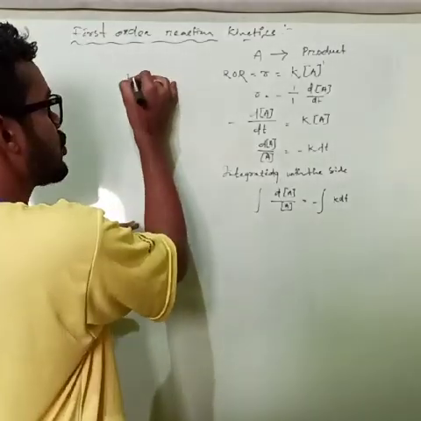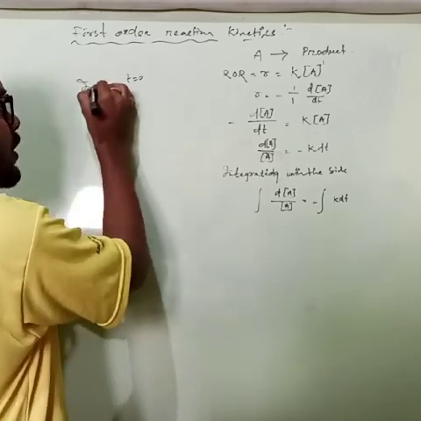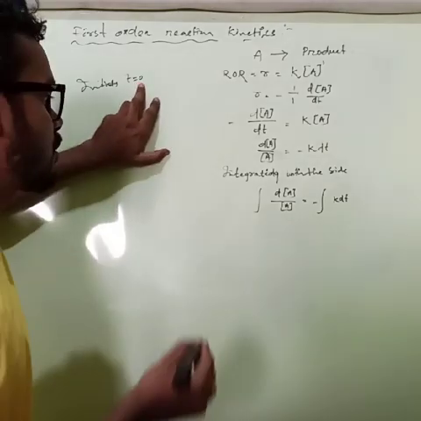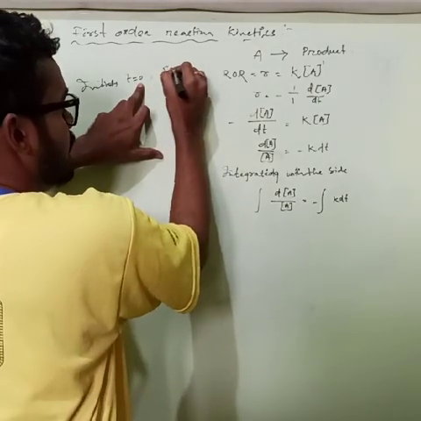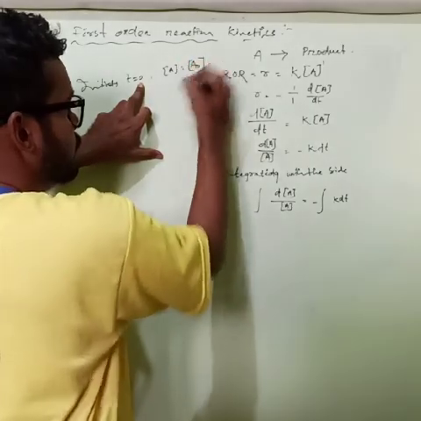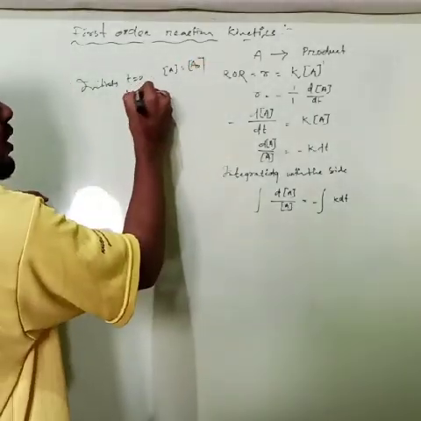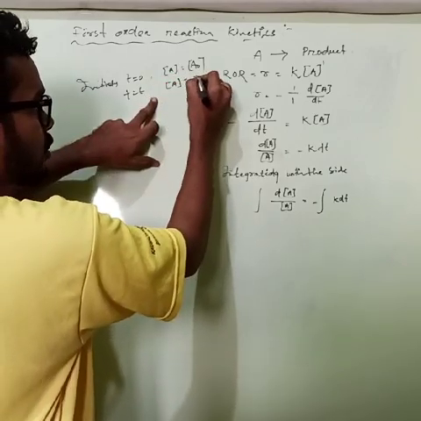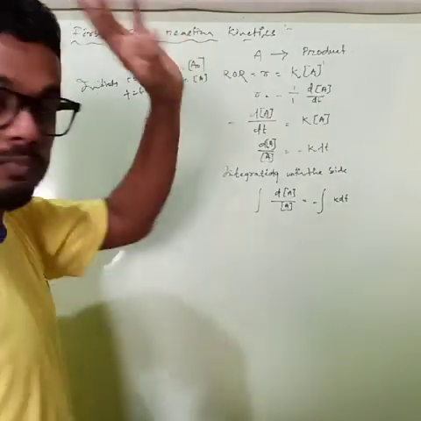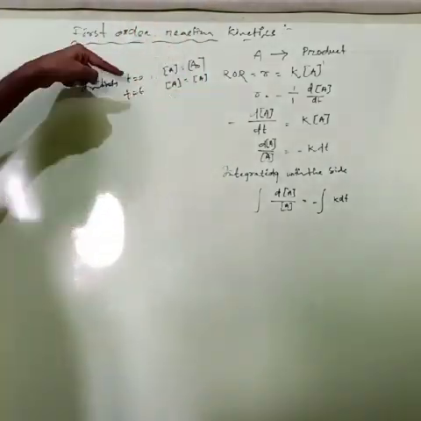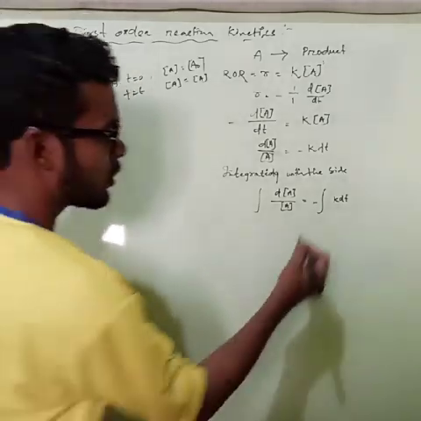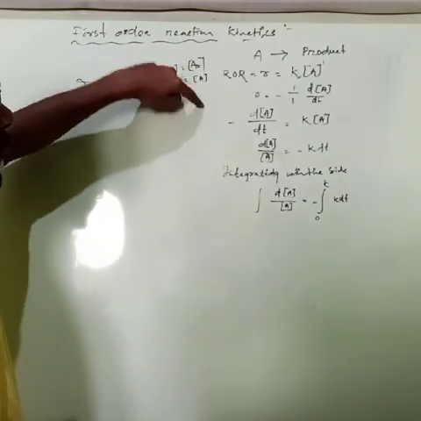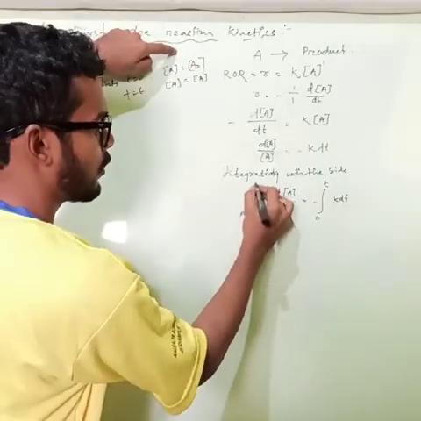At t equals 0, that means the time just started, the concentration of A is, let's say, A naught, and at time t the concentration will be A. Understood? So what is the variation? Time is from 0 to t, that is the limit, and the concentration from initial to final, that is A naught to A.